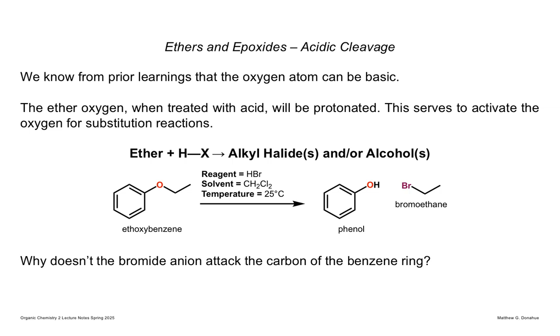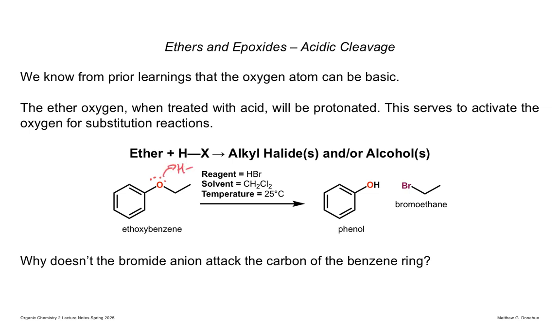One more ether reaction, and that's the cleavage of ethers. And I've given you sort of a rigged case here. So we have ethoxybenzene. We're going to treat that with HBr. So HBr is an acid, so the ether has to be basic.